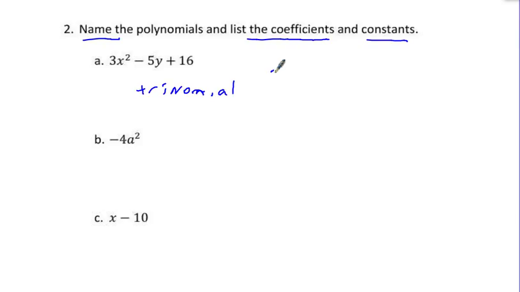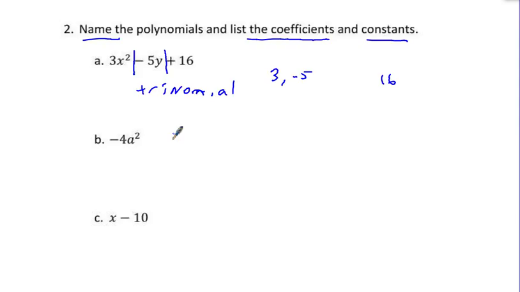The coefficients are 3, negative 5, and that's it. Negative 5, the sign is attached to the number. It's attached to the term. So if I was to draw a line separating the terms, this would be positive 3x squared, negative 5y, and a positive 16. Because there is no variable, there's no y or x here, 16 is the constant.